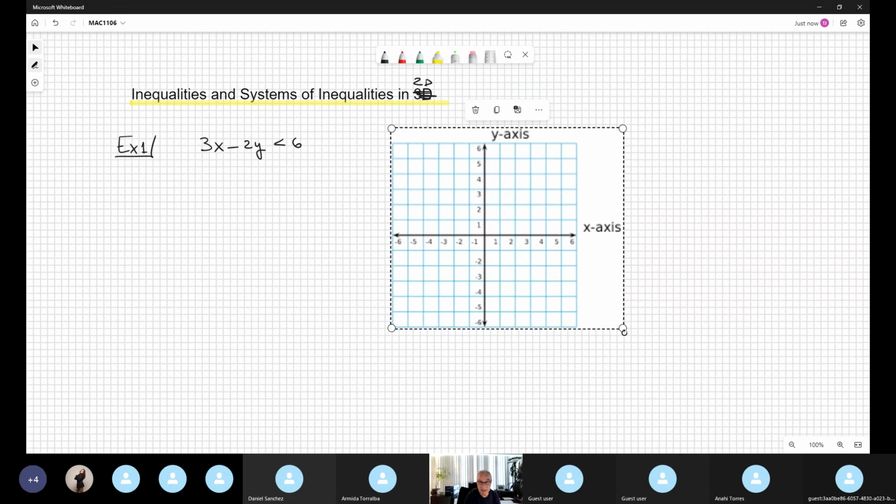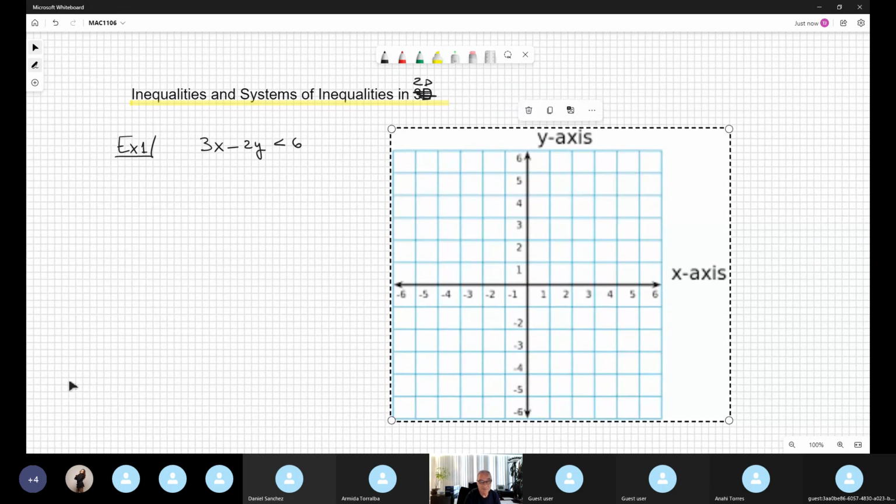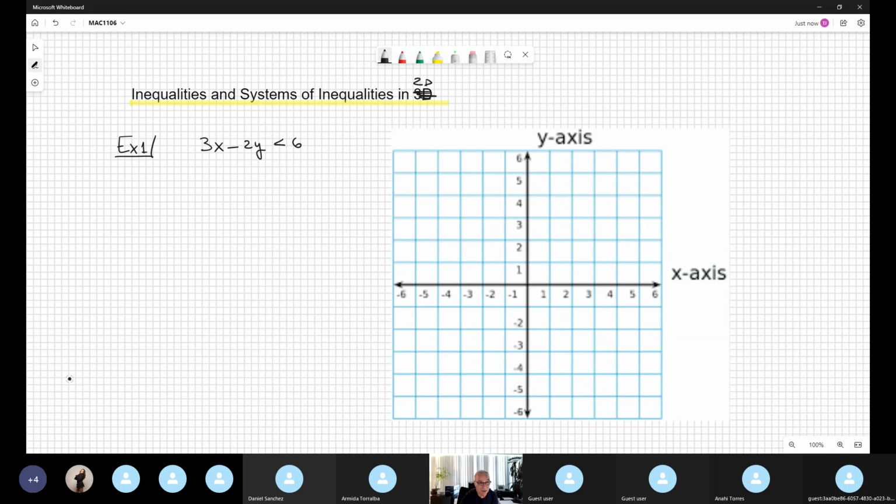I want to explain this idea in detail. There are many ways to do this. But one way I like is you copy the inequality like an equation. So for a moment, temporarily, you replace the less than symbol with equal. And this is an equation.